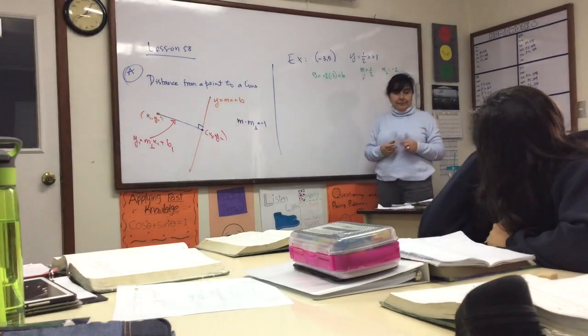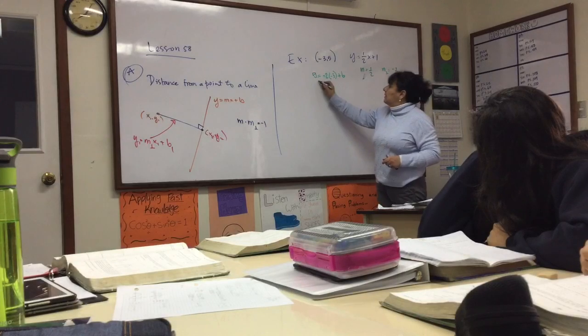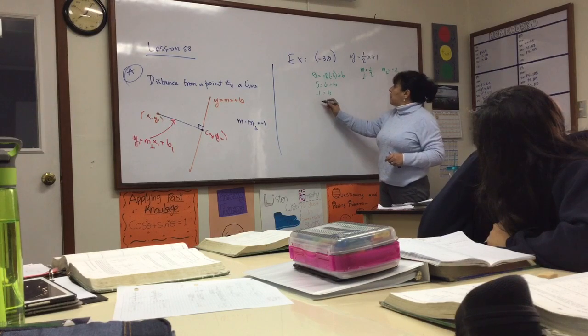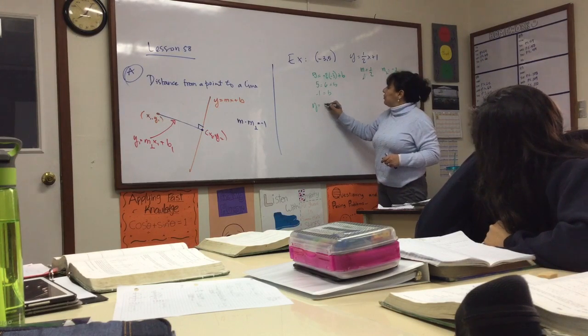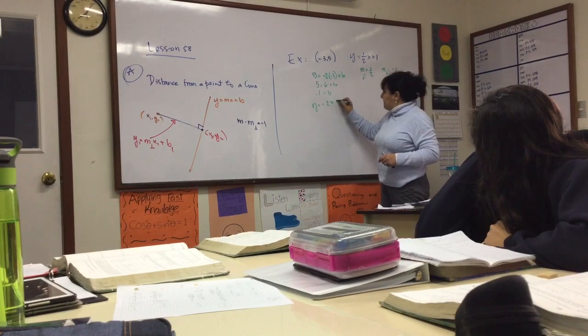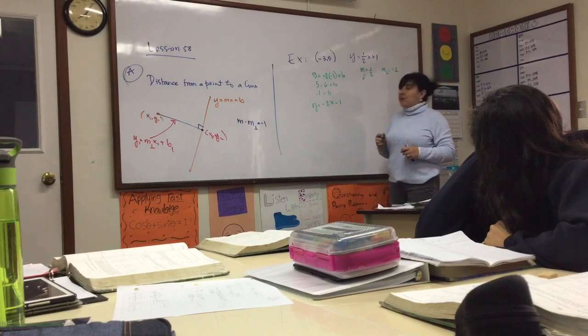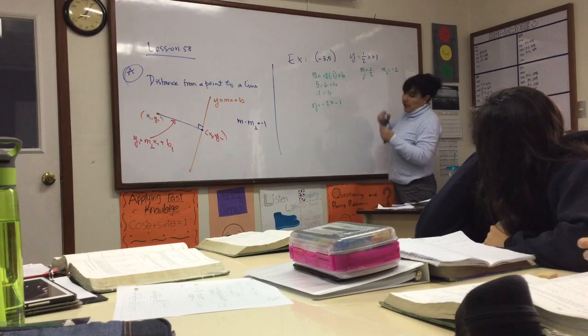All we're missing is b. So we have 5 equals 6 plus b. b equals -1. So y equals -2x - 1. Okay, so now I have 2 equations.